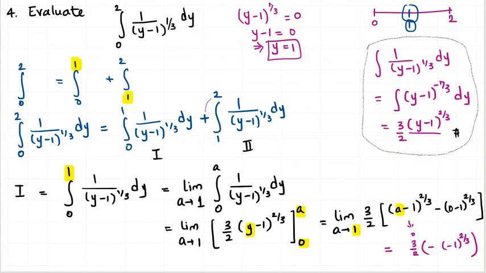Okay, so your main integral becomes the addition of 1 and 2 from here.